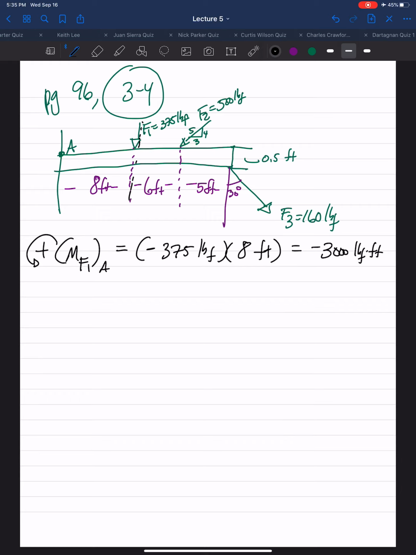All right, F2. The moment force F2 causes about point A. The perpendicular distance is 8 feet and 6 feet. Okay, so F2 is coming at an angle. Would the A leg or the horizontal leg cause a moment about point A?